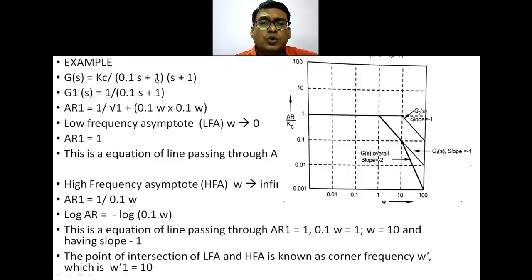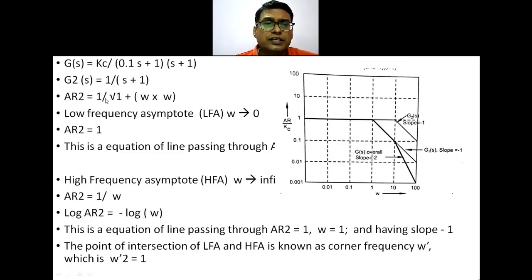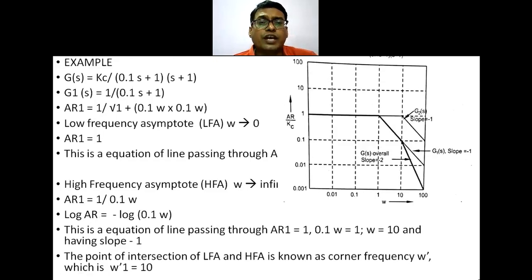So there are two first order systems. We are going to separate these two first order systems, making G1(s), the transfer function of the first system, and G2(s), the transfer function of the second system. One by one we will draw the low frequency asymptote for each individual system, and then we have to club both the systems.